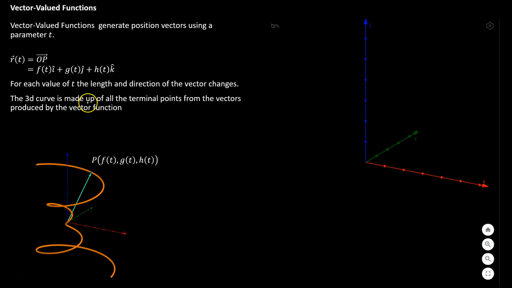Now, when we look at our function, r of t, this is the vector function. I know it's a vector because there's the little arrow on top of the r. I can see that I'm writing that as a position vector, but then I can also see, using the standard unit vector notation, that this vector function is actually made up of 3 separate component functions.